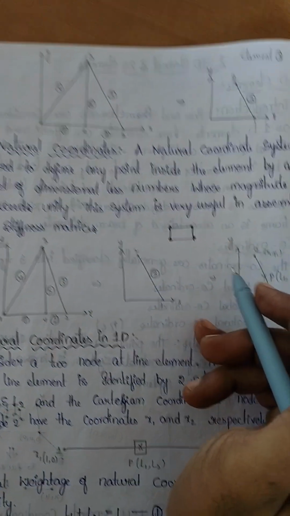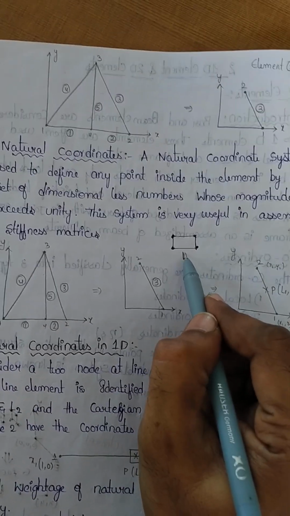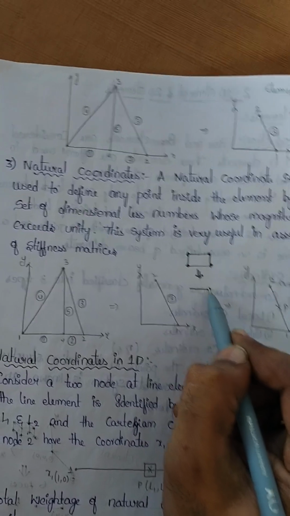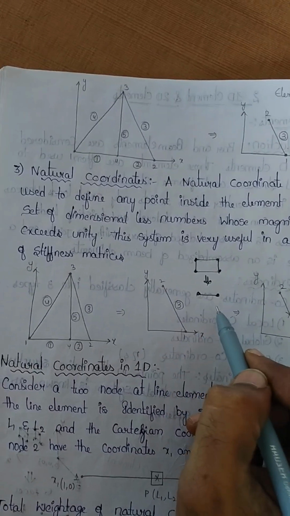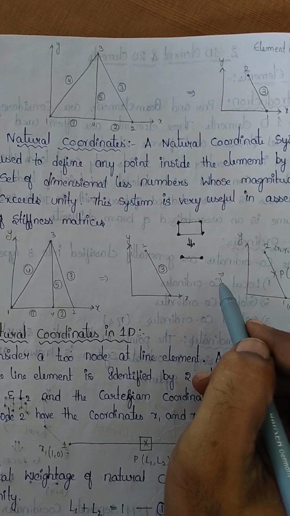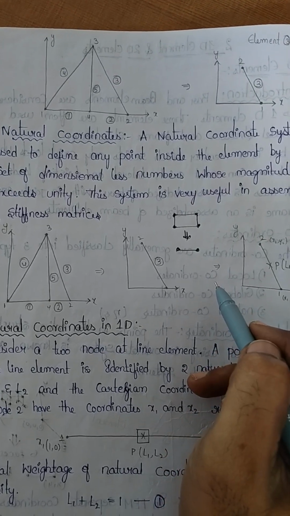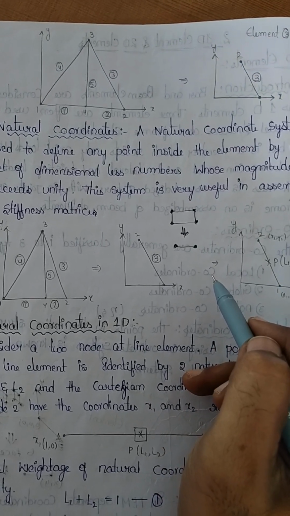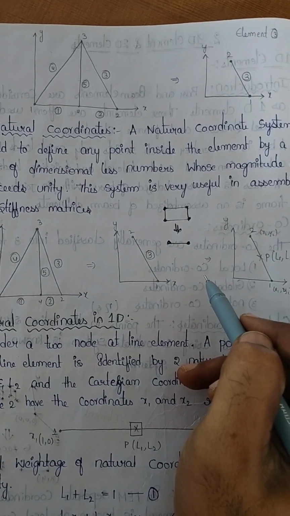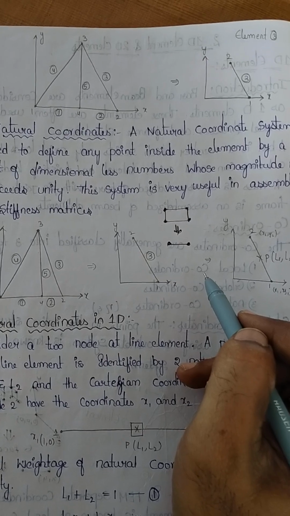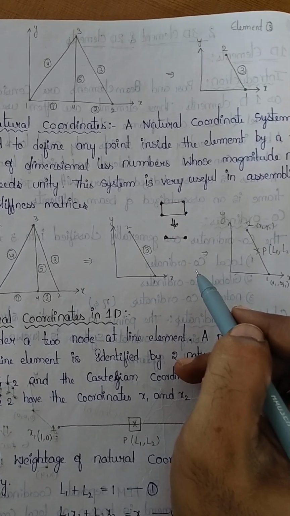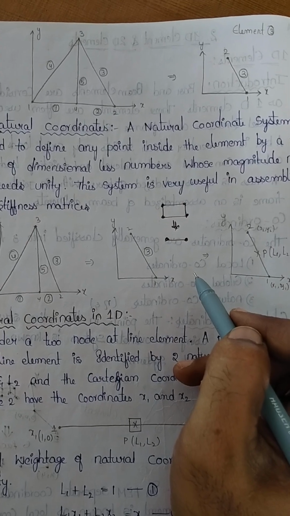So this rectangular element is again divided into 4 sub-elements or 4 line elements. A line element has 2 nodal points, so a 2 by 2 matrix, where each node has 1 degree of freedom only. A line element has 1 degree of freedom because it will be represented in the x direction only. So we can easily frame the 2 by 2 matrix.